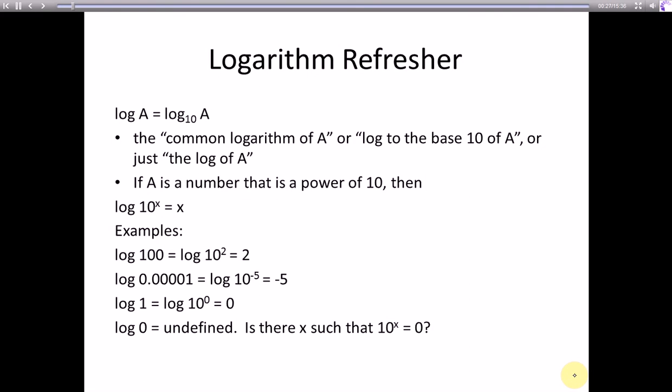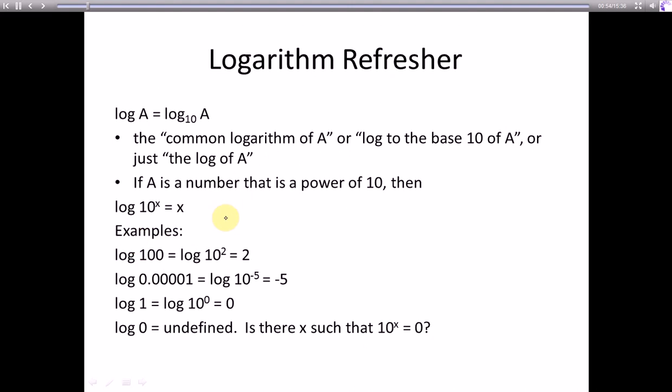A logarithm, base 10, as you see here, is called a common logarithm of some argument a, or just the log of a. If a is a number that is a power of 10, then the log of 10 raised to a power of x is just simply equal to x.